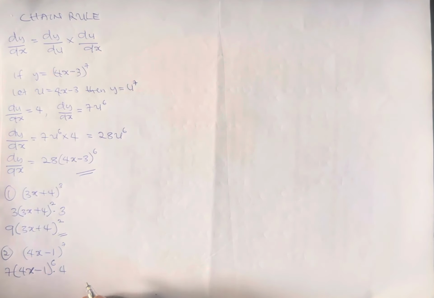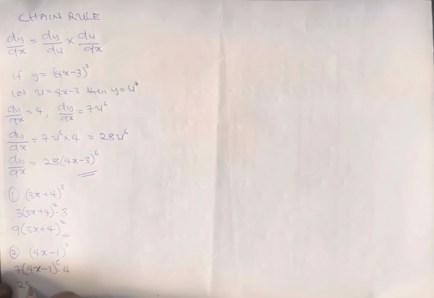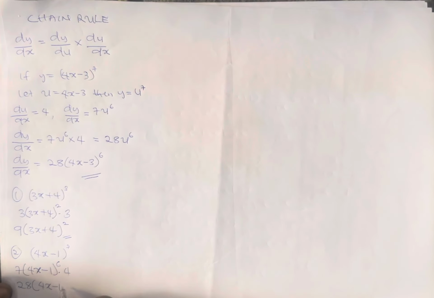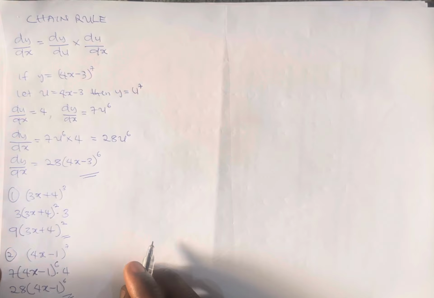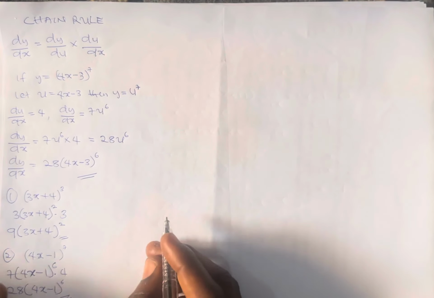So what is 7 multiplied by 4? We have 28. So 28(4x minus 1) to the power of 6. That is it. Very easy.